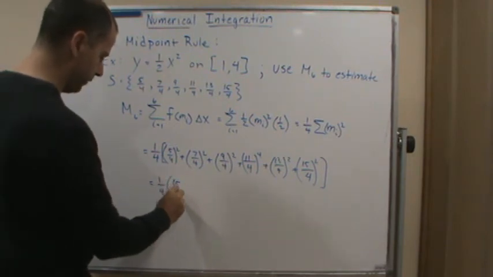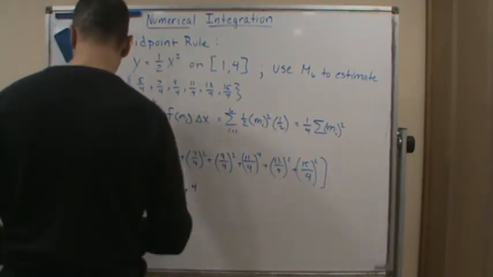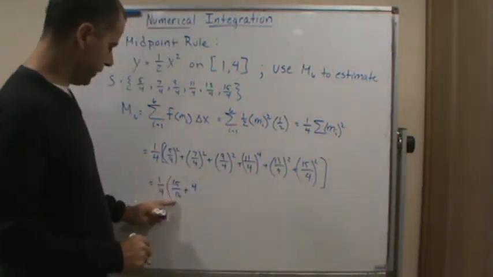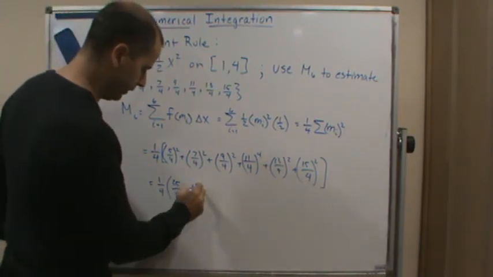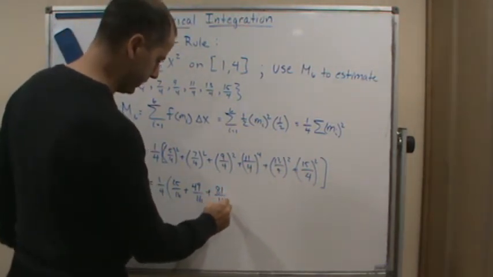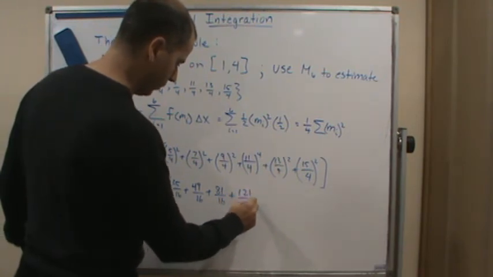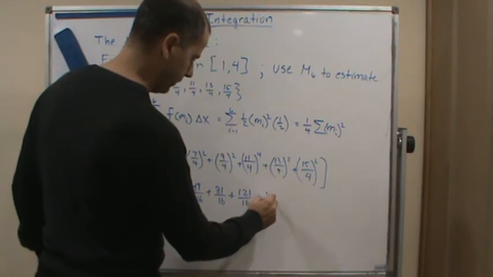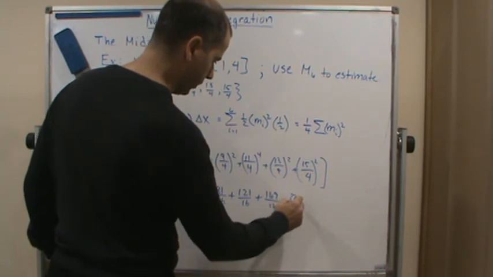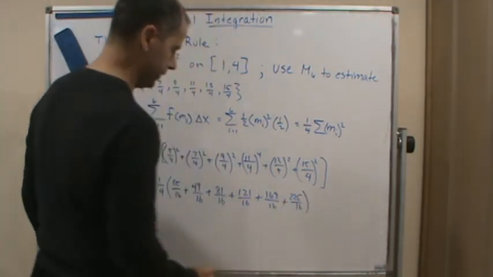This is going to be 25 over 16, plus 49 over 16, plus 81 over 16, plus 121 over 16, plus 169 over 16, plus 225 over 16.